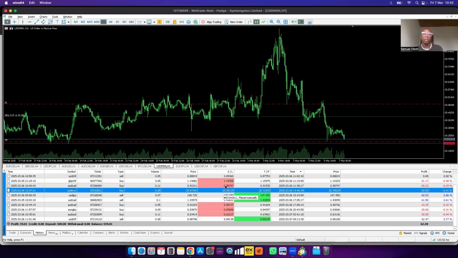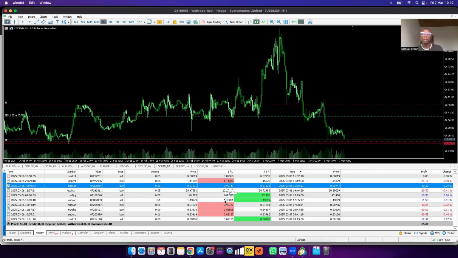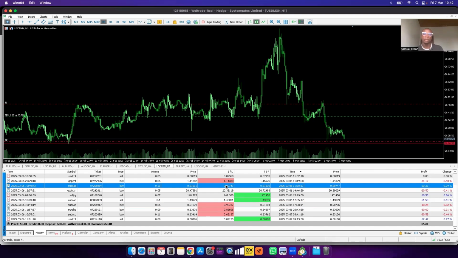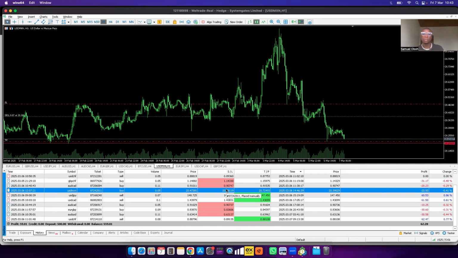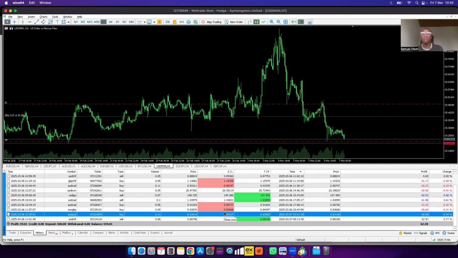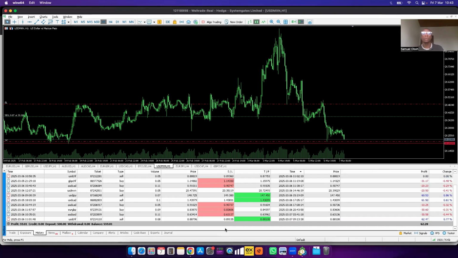That's why I have minus 10 here, AUD CAD, and minus 20 here, AUD CAD, and some other scenarios. But mostly you would see 30, minus 30, like you see here, 30, 30, minus 30, and plus 60.